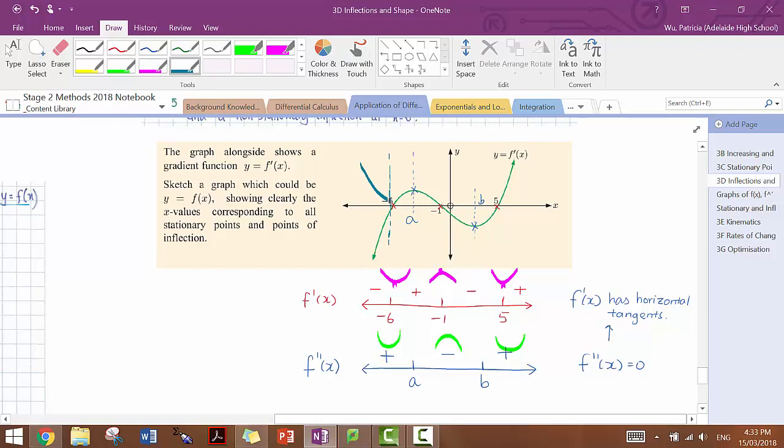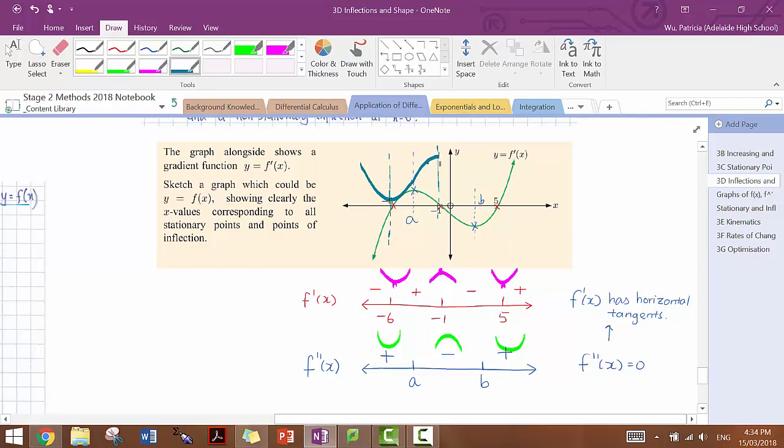And then it's going to go up, still maintaining that convex shape, but when it reaches x equals a, it will still be going up, however it changes its curvature into concave. And then it's keeping that concave shape until it reaches a local maximum at -1.